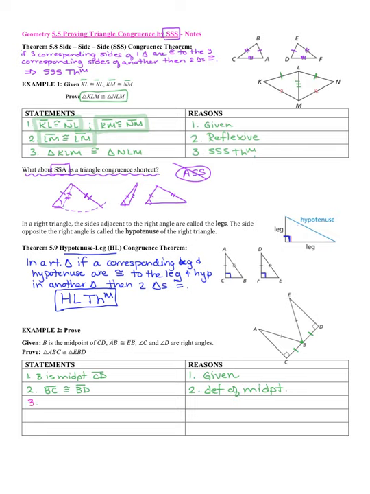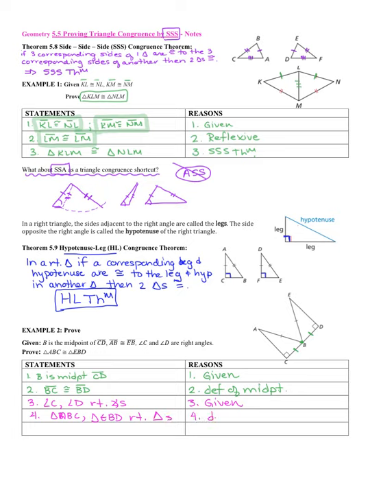Now I'm going to bring in that angle C and angle D are right angles. That was given to us. Now, that doesn't make for a right triangle. Remember, HL only works in a right triangle, but you are now allowed to say that triangle ABC and triangle EBD are, in fact, right triangles.